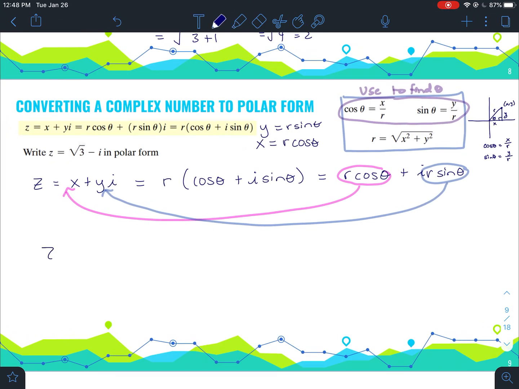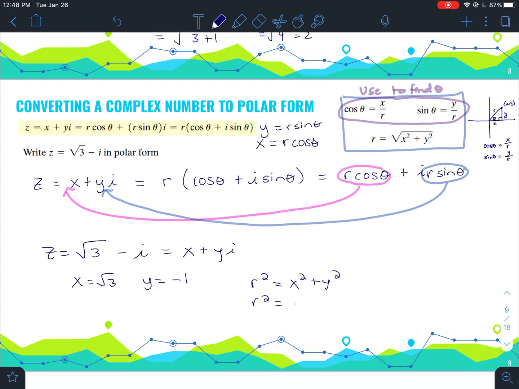So if we have z equal to the square root of 3 minus 1i, let's find r first. We know that x is going to equal the square root of 3, and y is going to be negative 1, just from this being x plus yi. And so we're going to do r squared equals x squared plus y squared.